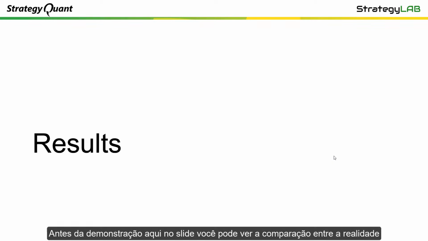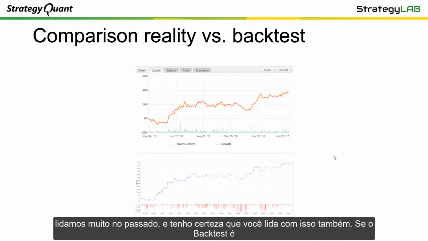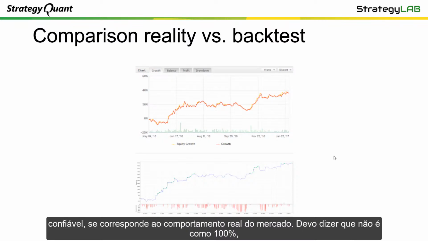Before the demonstration here on this slide, you can see the comparison between reality and backtest, because that's actually another one of the things that we've dealt with a lot in the past, and I'm sure you deal with it as well. Whether the backtests are trustworthy, whether it corresponds to the real market behavior.